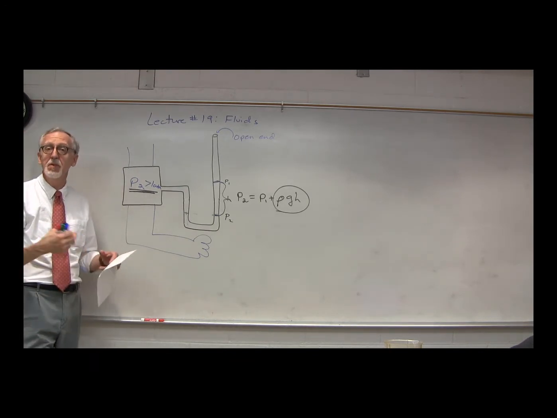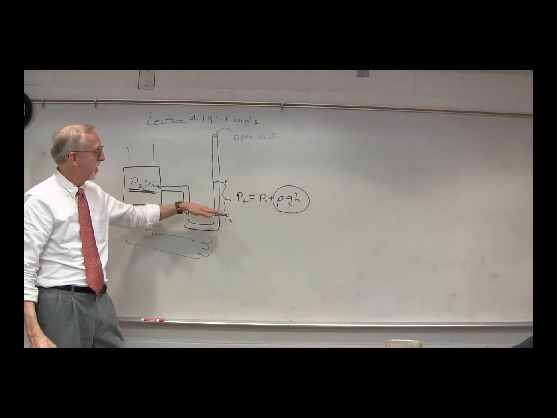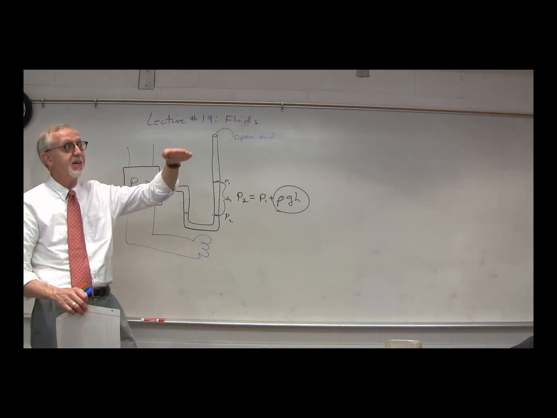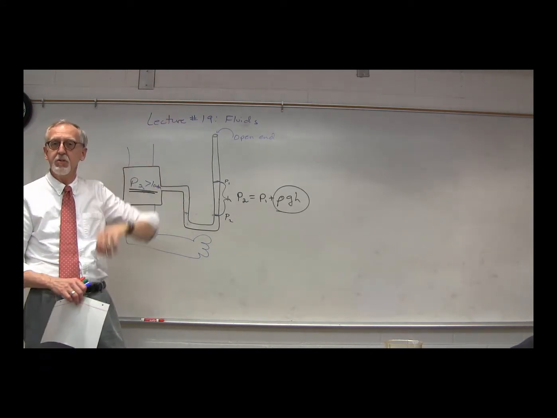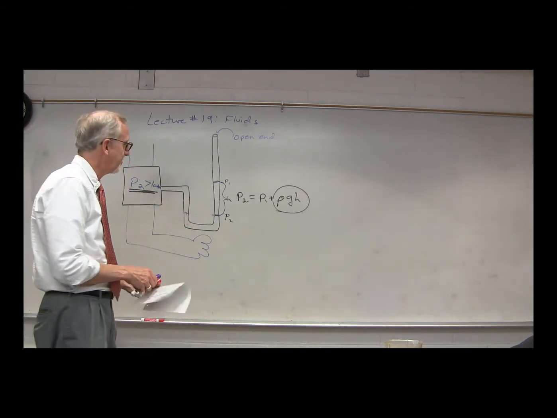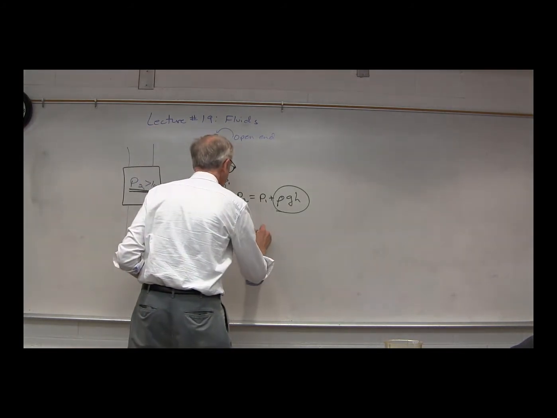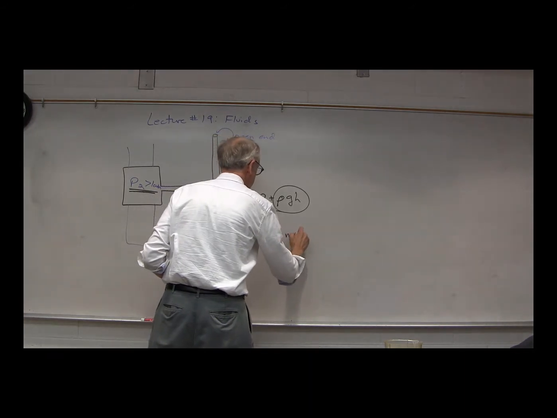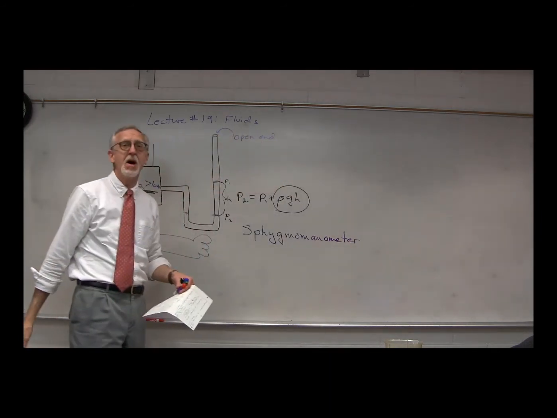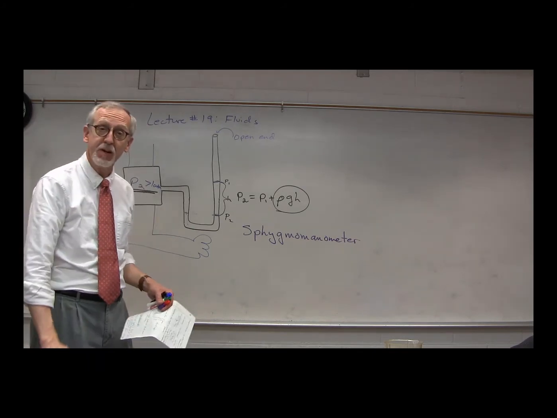Blood pressure cuffs can measure pressures differently now, but I remember when I was young in particular, there'd be this big tube on the wall, and as the nurse pumped up the blood pressure cuff, you could actually see the column of mercury going up the tube. But this particular type of pressure measuring device is called, if you've never heard one of these, a sphygmomanometer, the blood pressure measuring device.